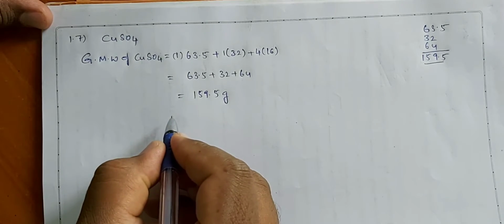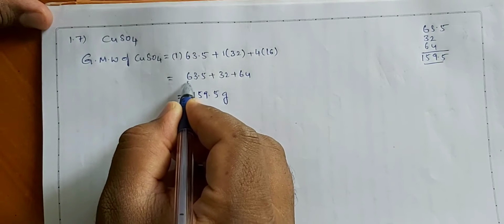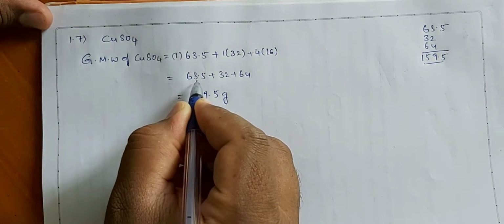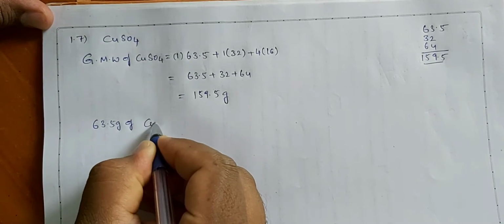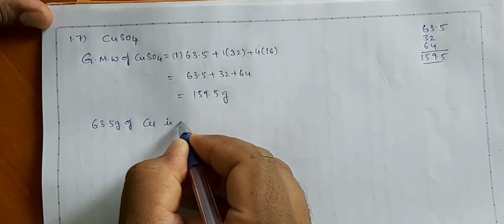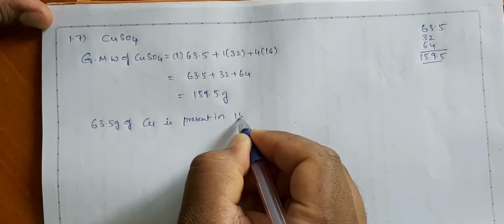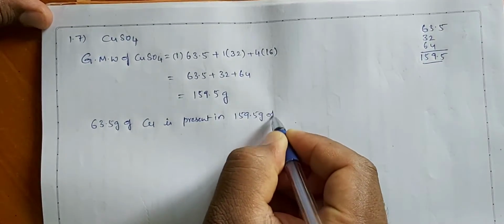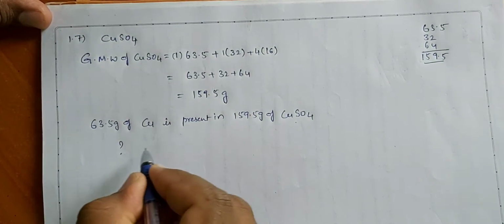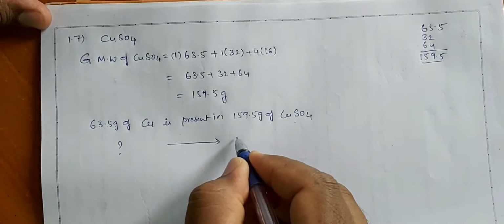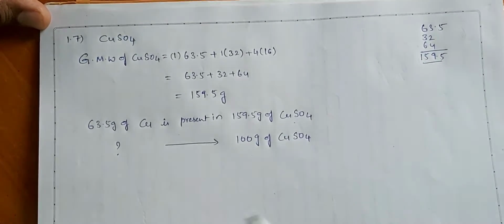Now I am going to write one sentence, observe carefully. In 159.5 grams of copper sulfate, how much amount of copper is present? 63.5 grams of copper is present in 159.5 grams of copper sulfate. Then how much amount of copper is present in 100 grams of copper sulfate?